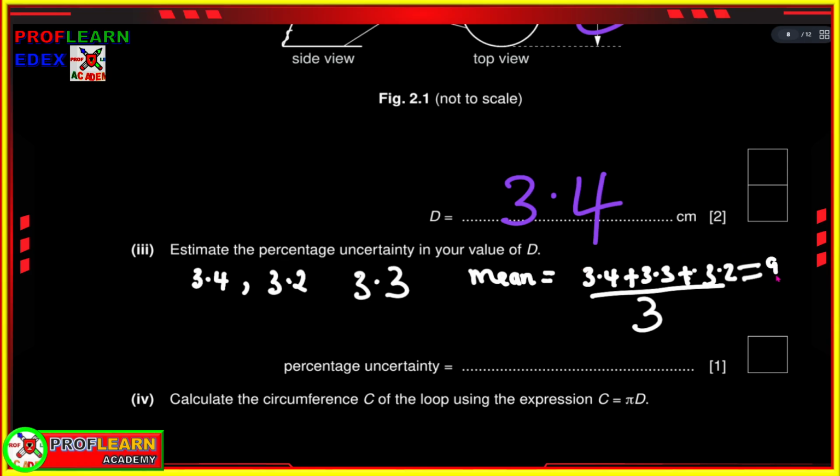So 9.9 over 3 is going to be 3.3 as the mean.